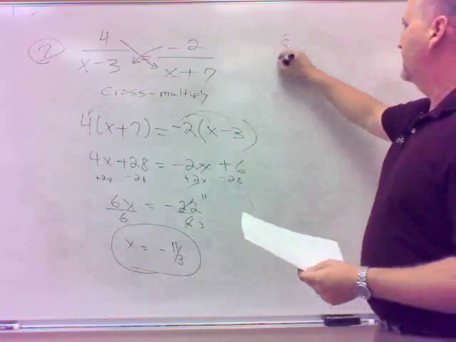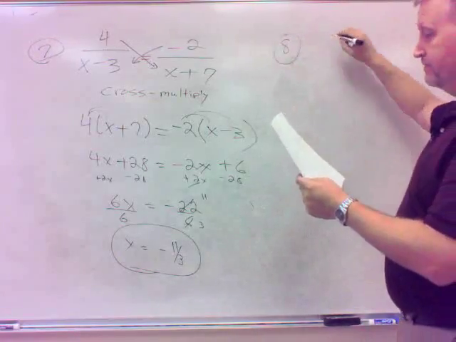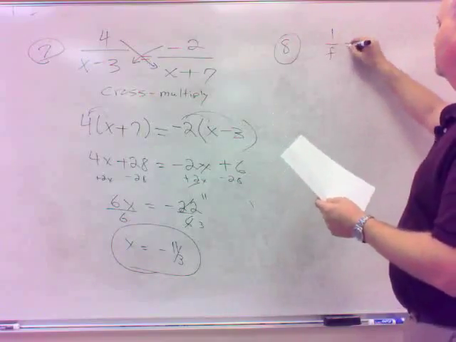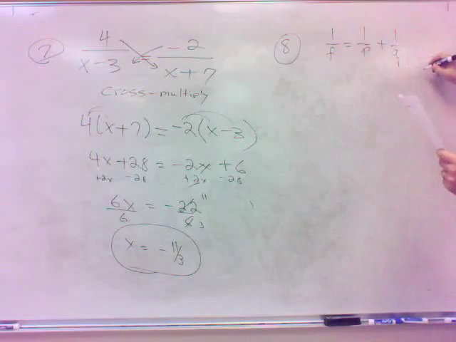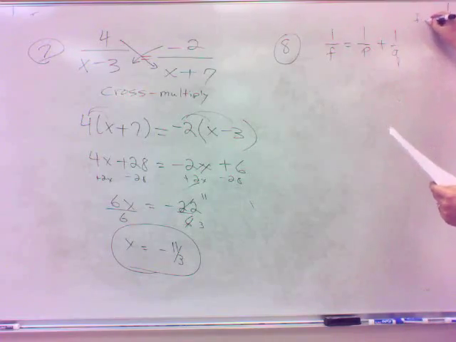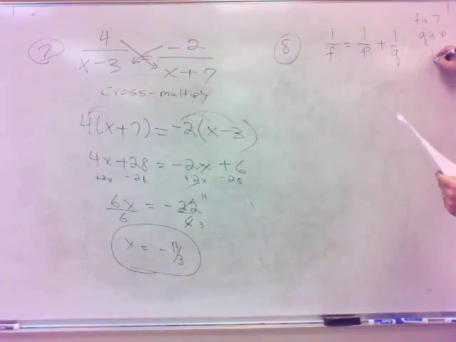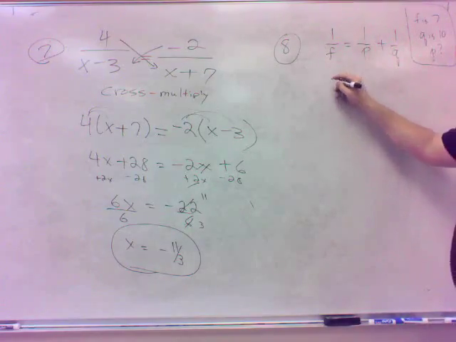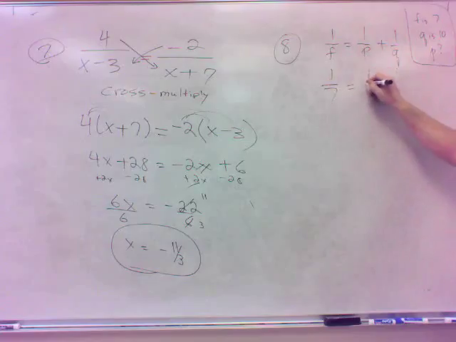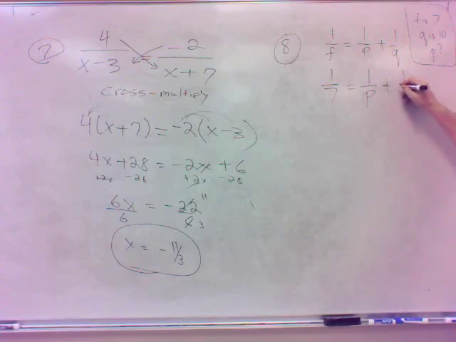Okay, let's see. Go with number 8. 1 over f equals 1 over p plus 1 over q. And what I've got, f is 7, q is 10. What's p in that case? Well, plug those in. 7 for f, 10 for q. We get this. 1 over 7 equals 1 over p plus 1 over 10.